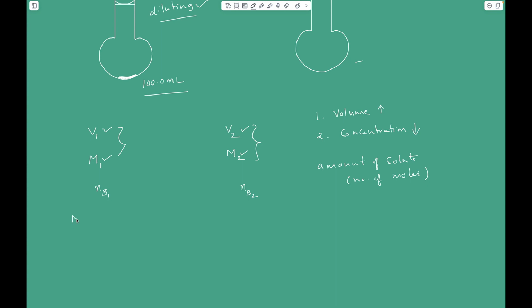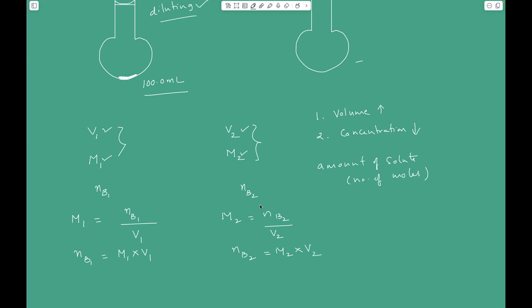Now, what is the expression for molarity? It is the amount of substance of solute over the volume of the solution, of course in liters. Then how do you get nB1? It is the product of the molarity of the solution and the volume of the solution. Similarly, M2 is equal to nB2 over V2, or nB2 is equal to M2 times V2.